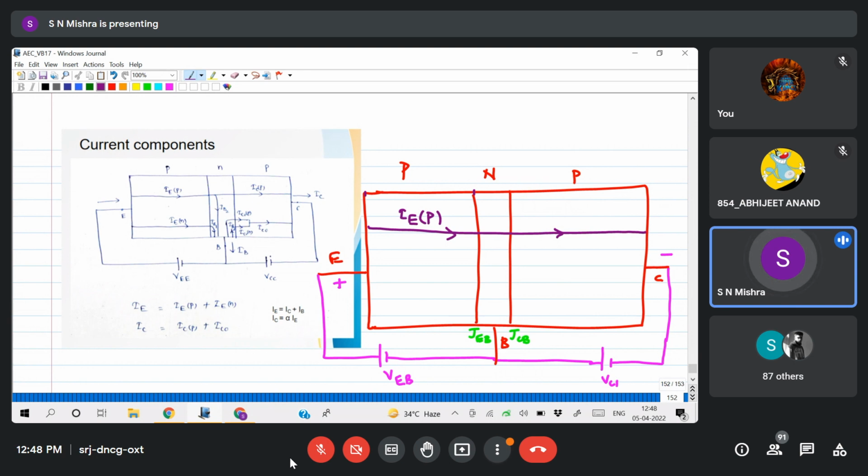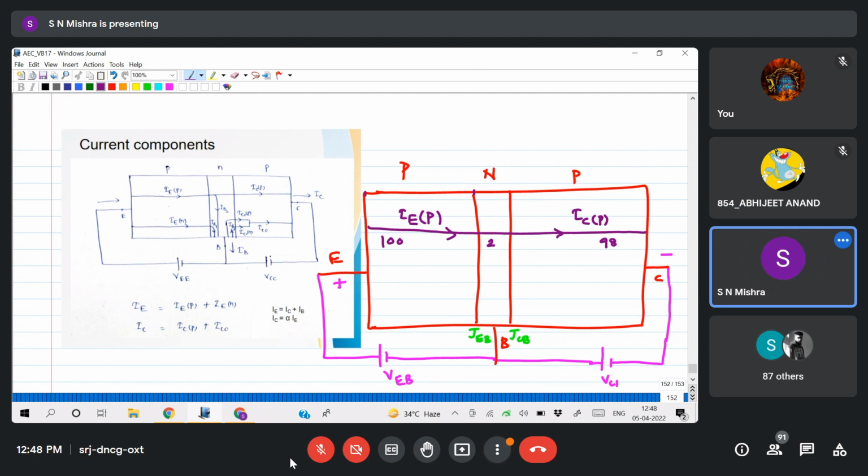The base is lightly doped and very thin. Suppose I am sending 100 holes here. Let us take that 2 holes combine in the base region and 98 holes reach the collector terminal. Due to that, I'll get a current across the collector, represented as the collector current due to holes. Why do 2 holes recombine in the base region?